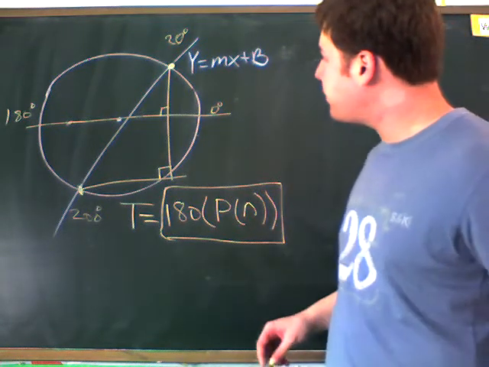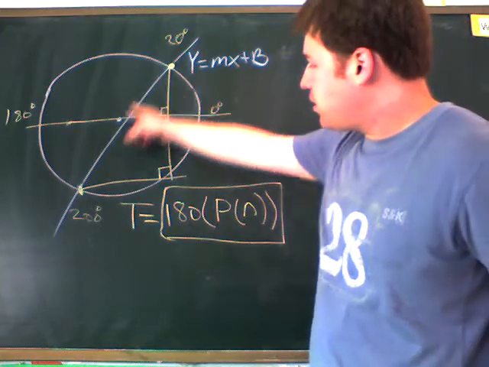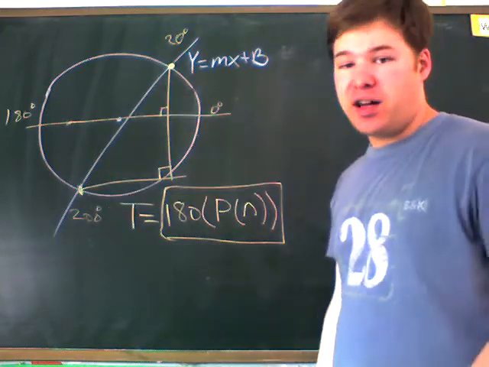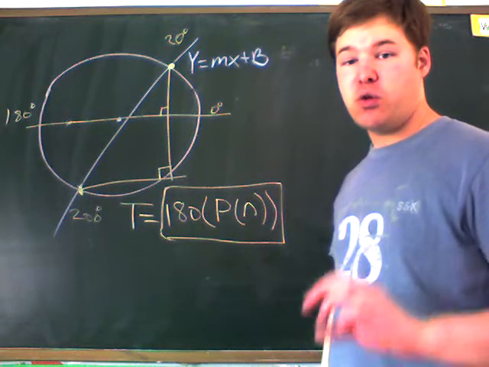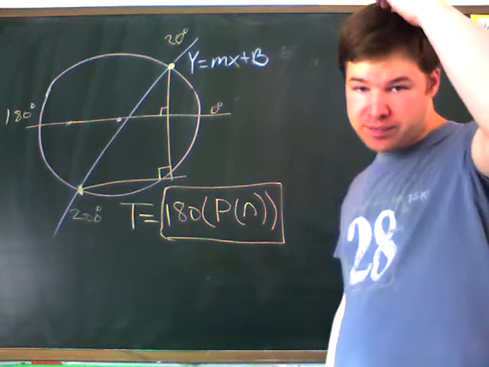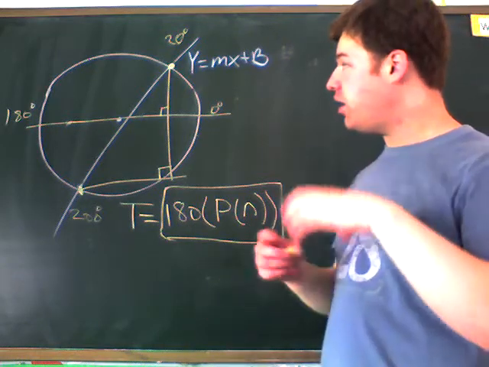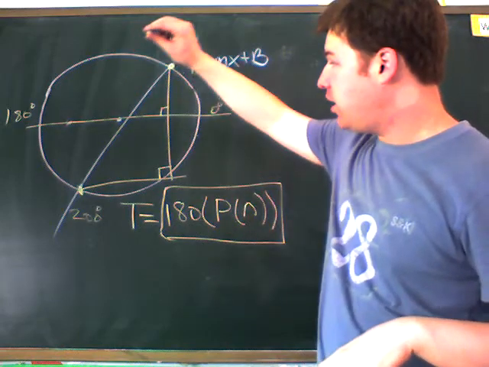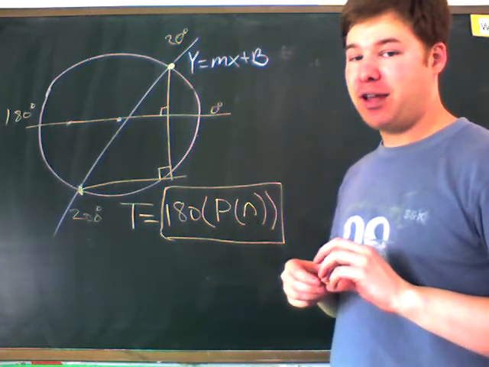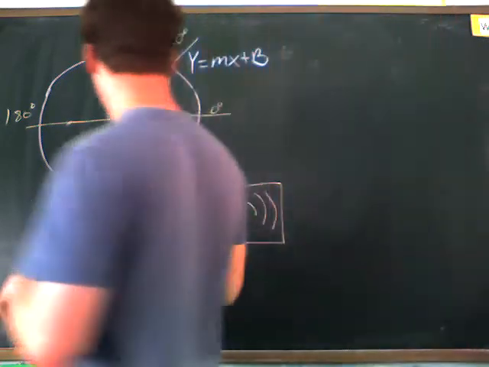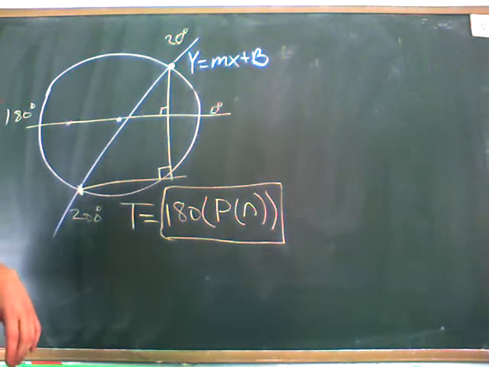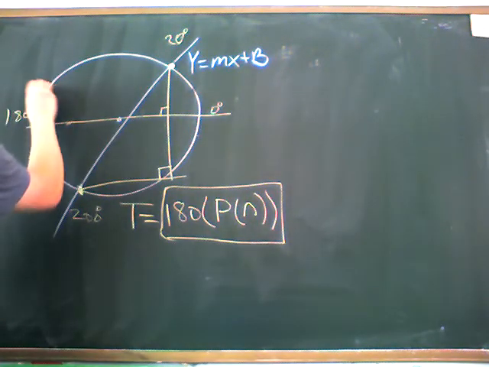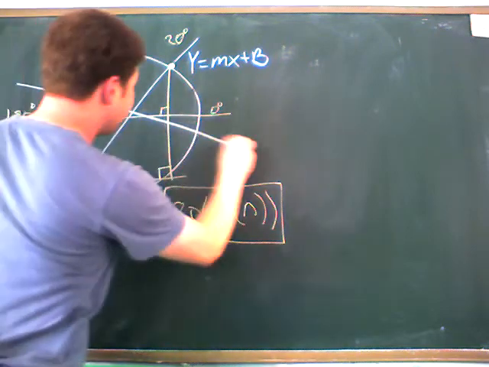Just know that in a complete Stargate address, there will be 4 linear lines. Each plane will actually have 2. I'm just going to go ahead and draw this other linear line here.